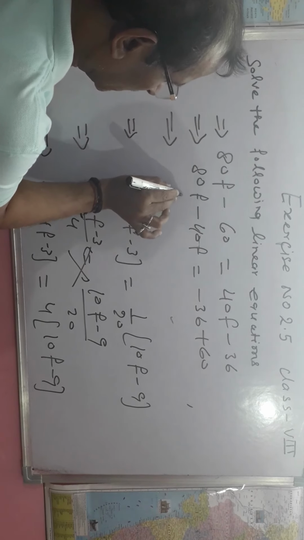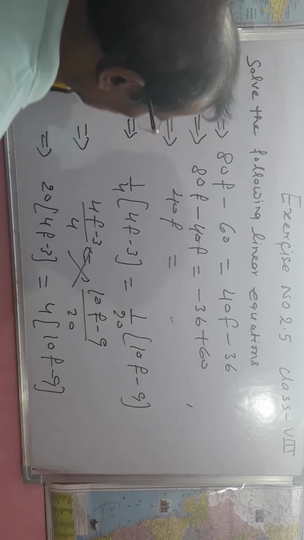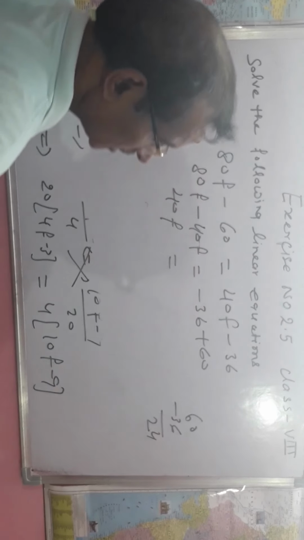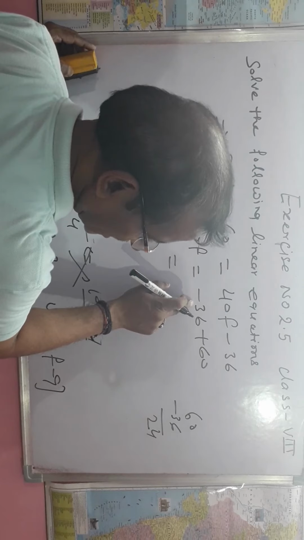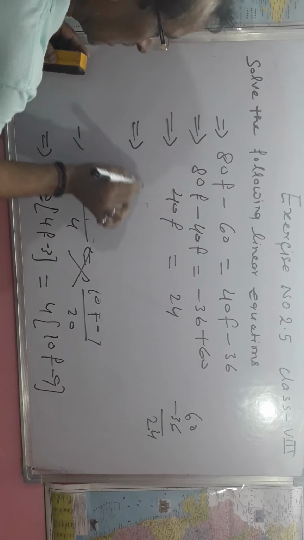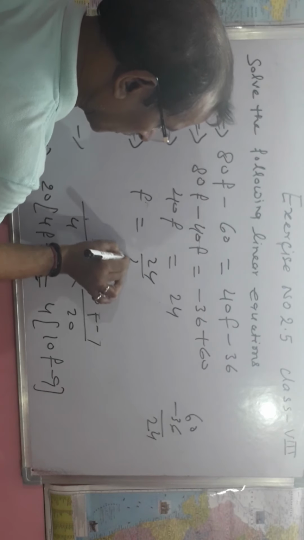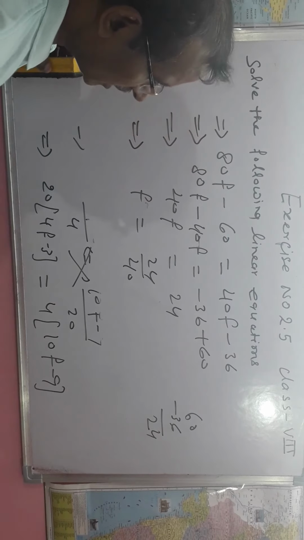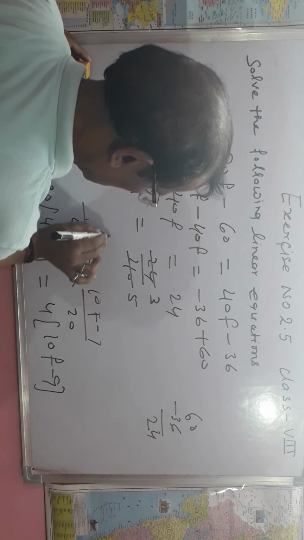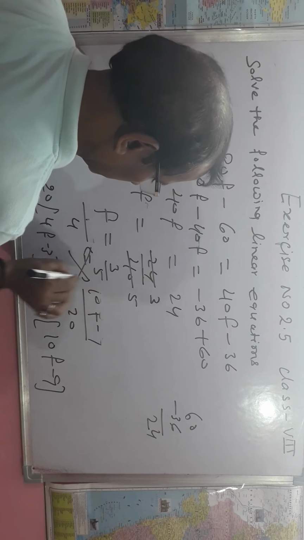Implies we get 40f is equal to minus 36, we do plus 60, we get 24. Implies f is equal to 24 upon 40 and we will divide by 8, the common factor: 8 threes are 24, 8 fives are 40. Then the value of f is equal to 3 by 5.